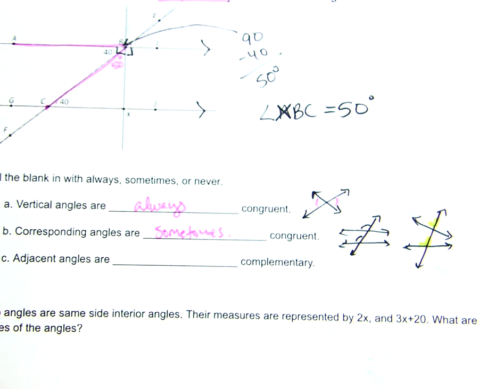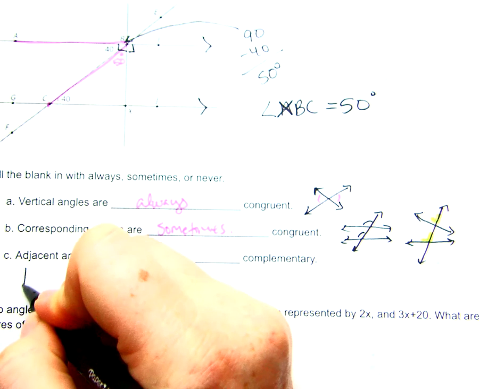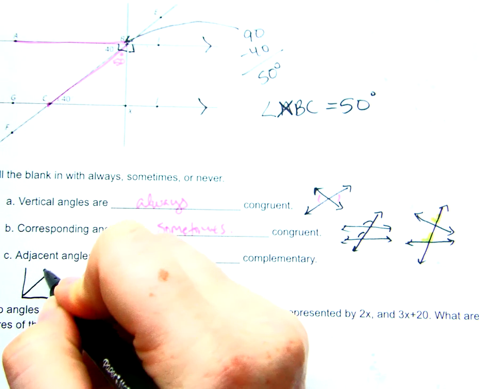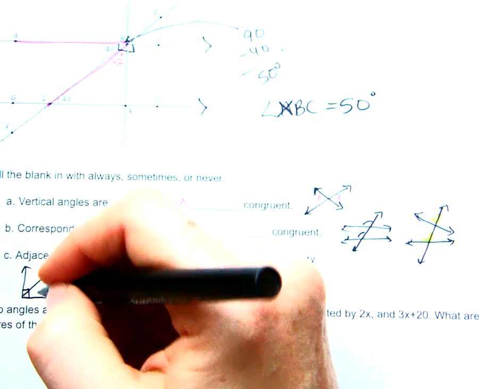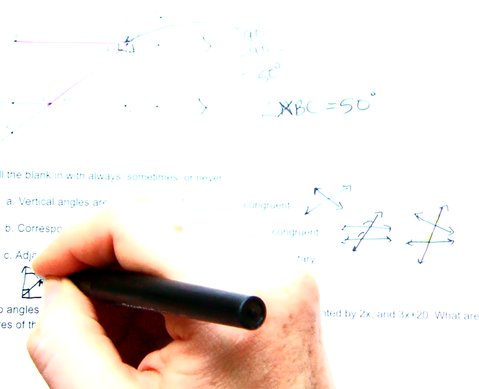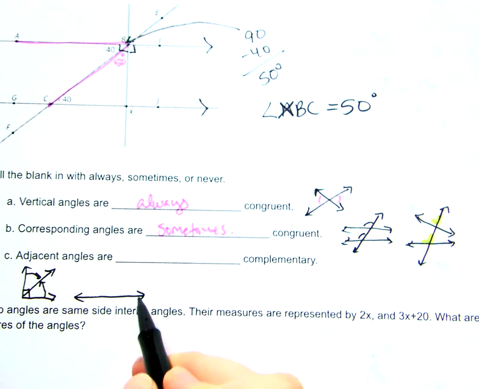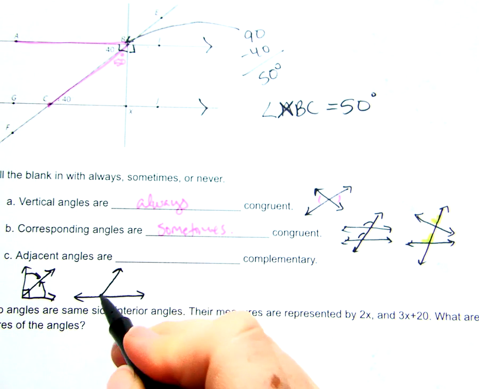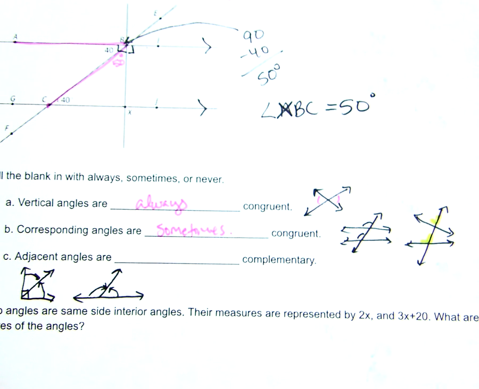And then C says adjacent angles are complementary. So I can have all kinds of adjacent angles, right? Complementary is adds to 90. So here are two angles that are adjacent, this one right here and this one right here, that are 90. Here are two adjacent angles, right here and right here, that add to 180.